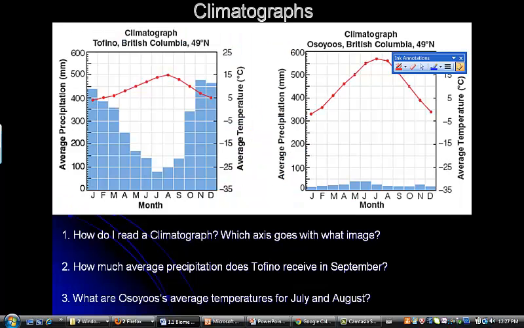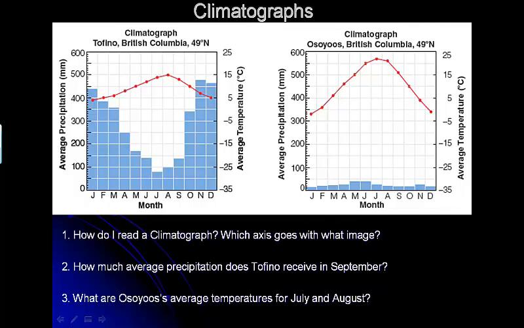Climatographs. These graphs can be confusing at first glance because there are 2 sets of data being represented, precipitation and temperature. There are also separate vertical axes with their own units, millimeters of rain and degrees Celsius. It is easy to forget which data set goes with which axis. Luckily, you have had many years of experience that can help you.